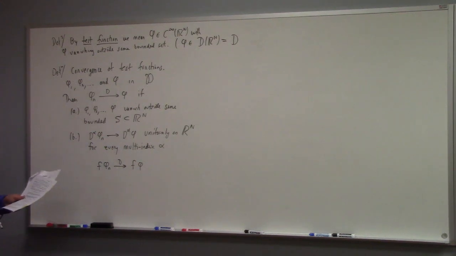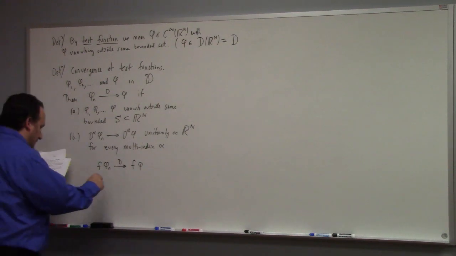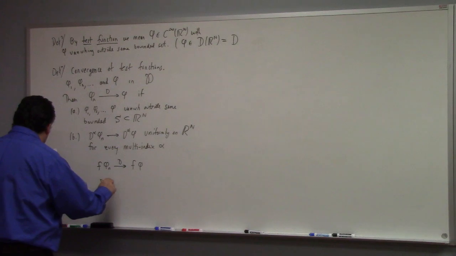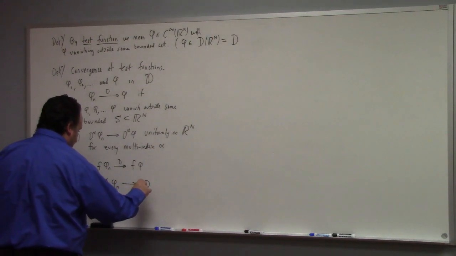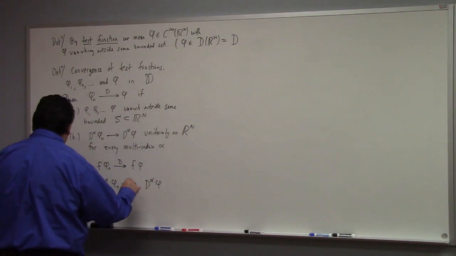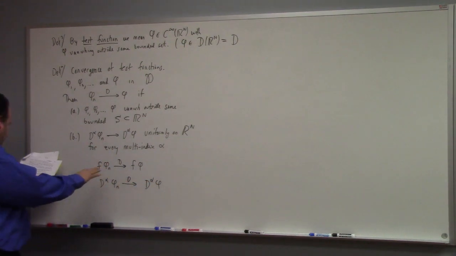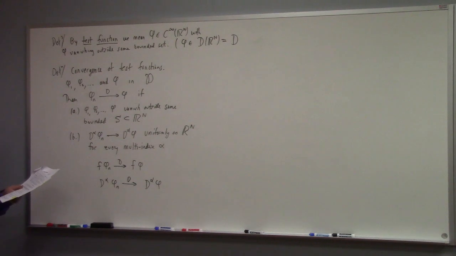That's another thing. The sequence also plays nice with an affine transformation. And also, interestingly, the alpha-th derivative of the sequence converges to the alpha-th derivative of the limit of the sequence. So you have some pretty nice properties for this concept of limit.